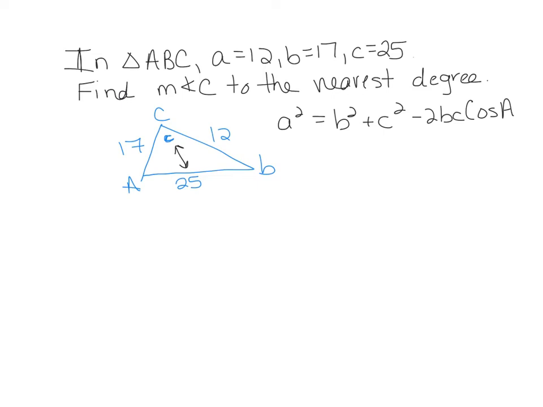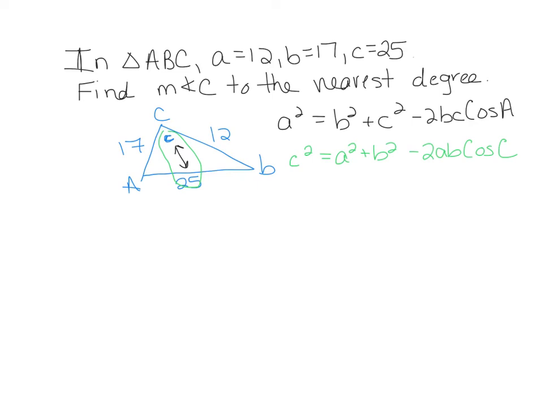So just to write this out a little more intentionally this time, really, because I have C for my ones that I want to plug in, I'm really doing C squared equals A squared plus B squared minus 2AB cosine of C. So the whole idea here is, unlike Pythagorean theorem, and I know this one kind of looks like it, all of those letters are interchangeable.